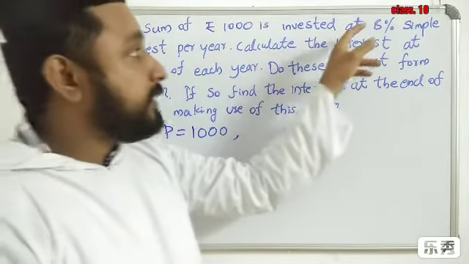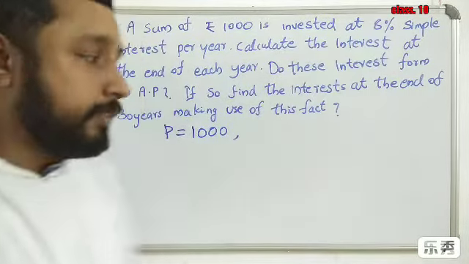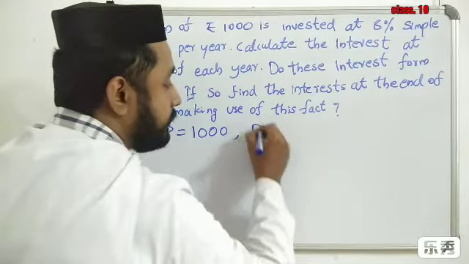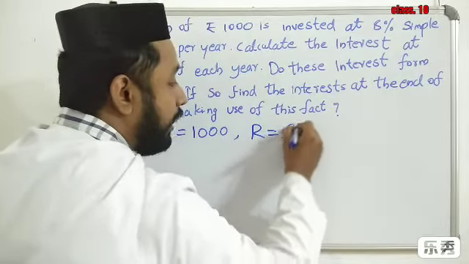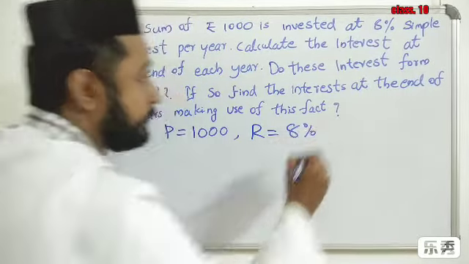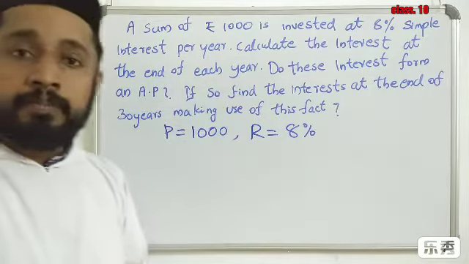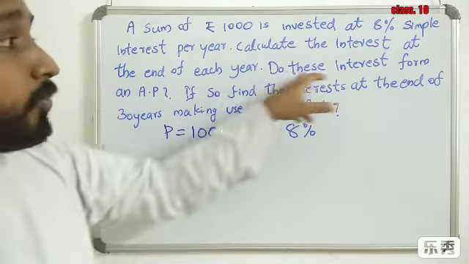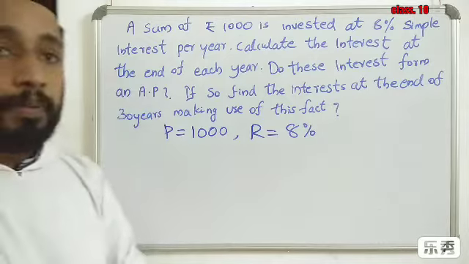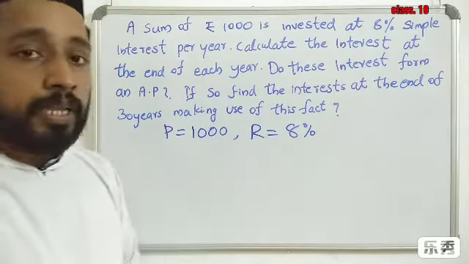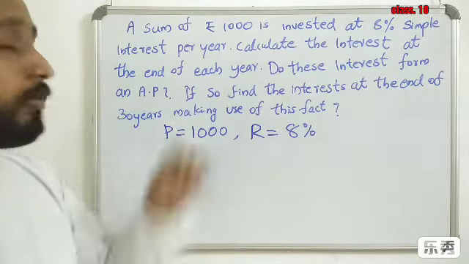The rate is 8%, represented by R is equal to 8%. At the end of each year, we will get simple interest. The question is, do these interests form an AP?